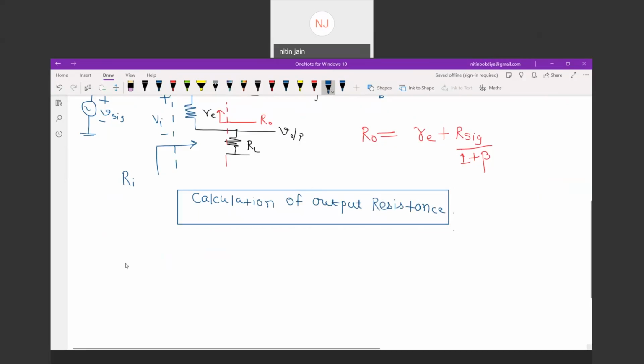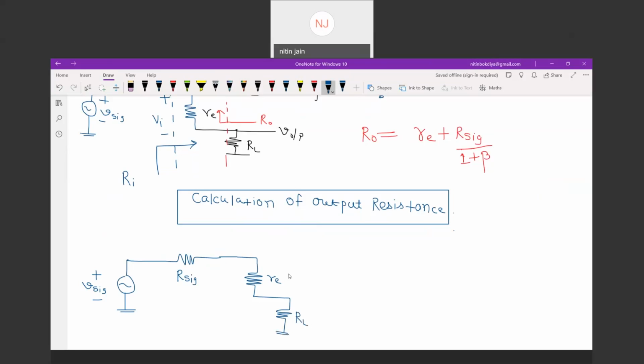We have one V signal, and we have one resistance R signal. Then we have two resistances RE, and one resistance RL.